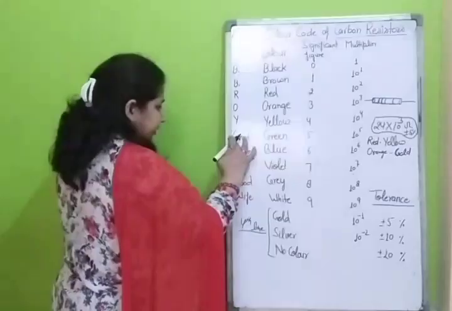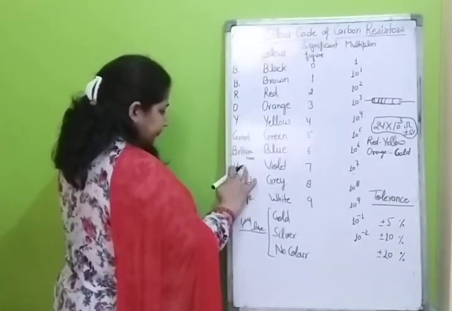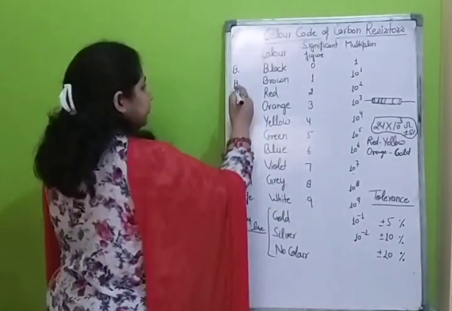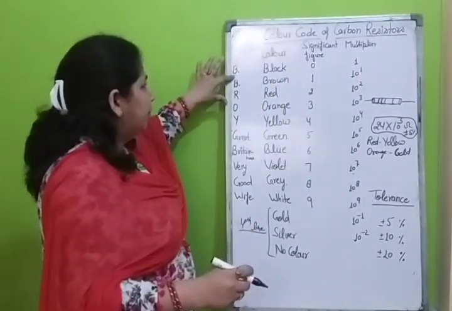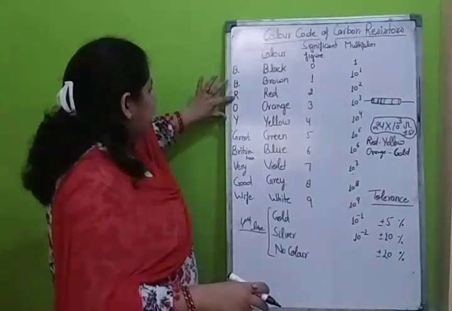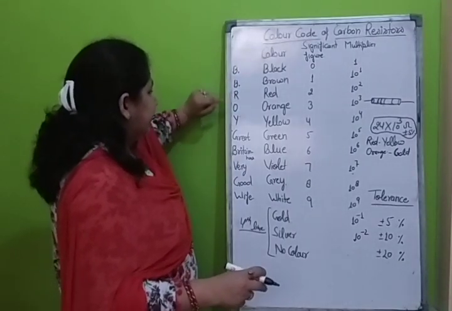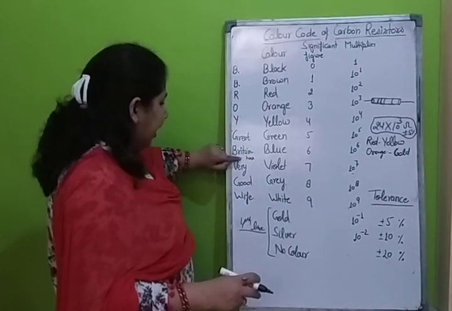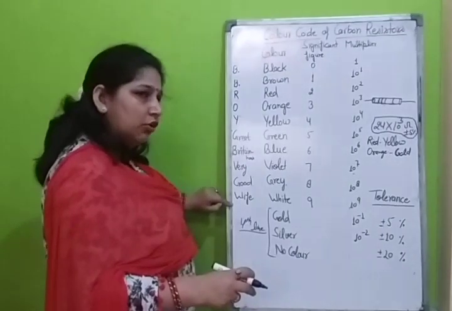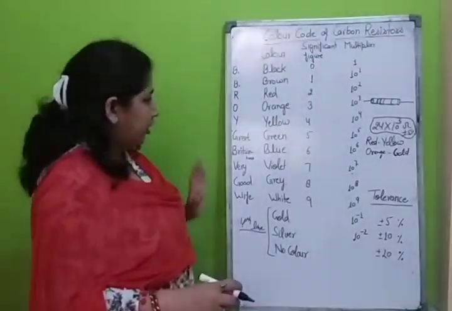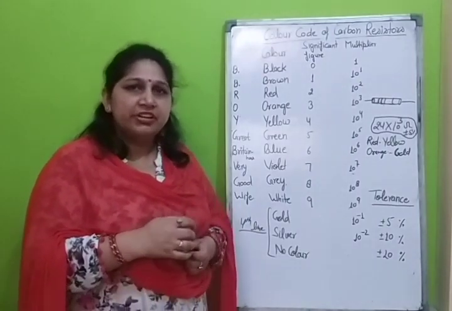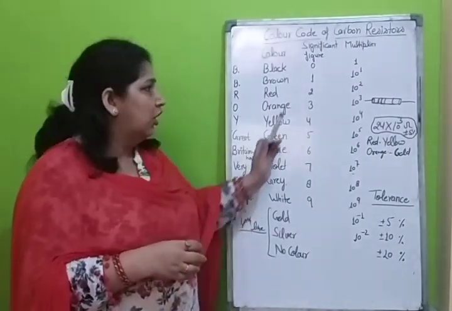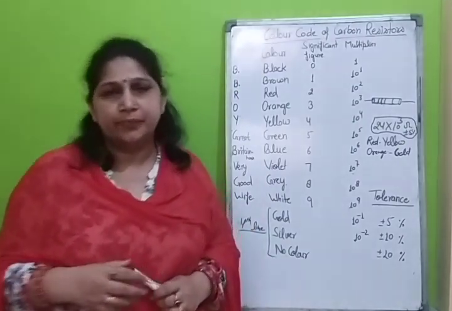We have 10 digits, 0 to 9, and we have 10 colors. Black for 0, you should remember black for 0, B.B. Roy. You have to remember it this way. Great Britain has very good wife. Got it? Now you can do any question, any resistance, with the help of this sequence of resistor colors. Got it? Thank you.